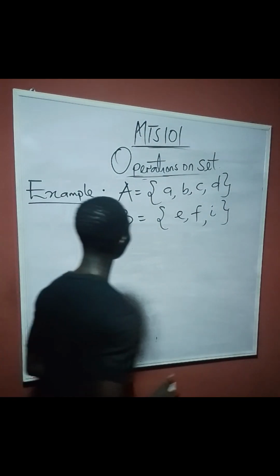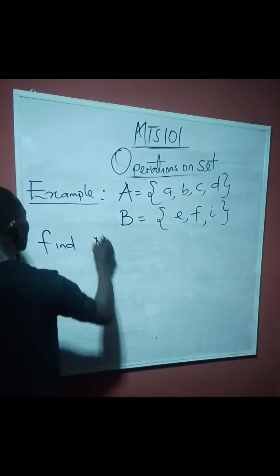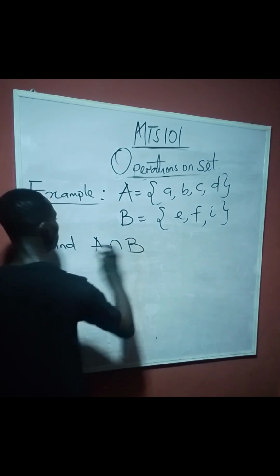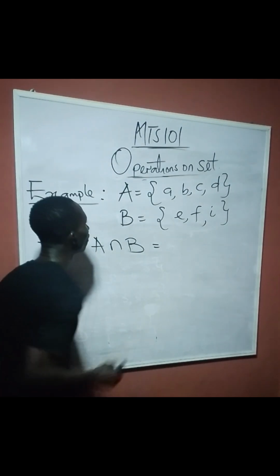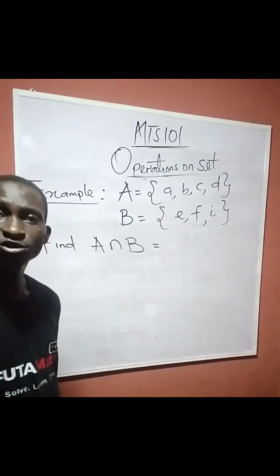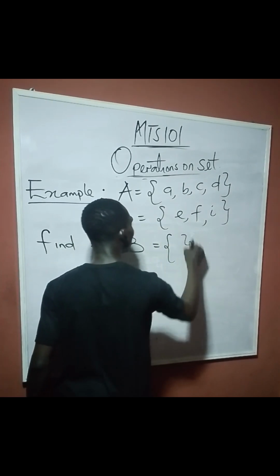Now let's look at this example. Our instruction is that we should find A intersection B. If you look at it very well, what is A intersection B? There is nothing common, right? Great. That means their intersection is an empty set.